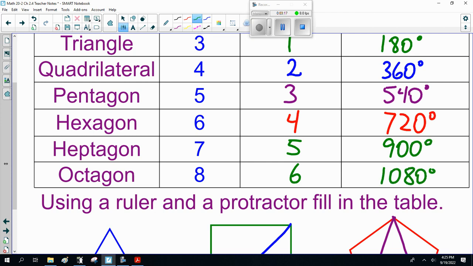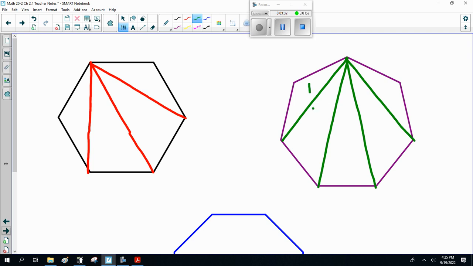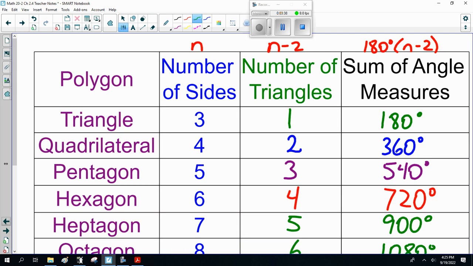So we should have 5 triangles in a heptagon and 6 triangles in an octagon. So here's a heptagon, 7-sided. Choose a point. 1, 2, 3, 4, 5 triangles. And 5 times 180 is 900. And so it's holding up.